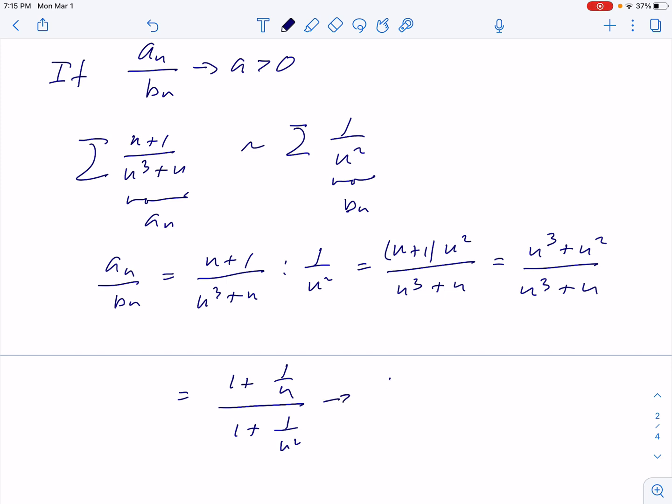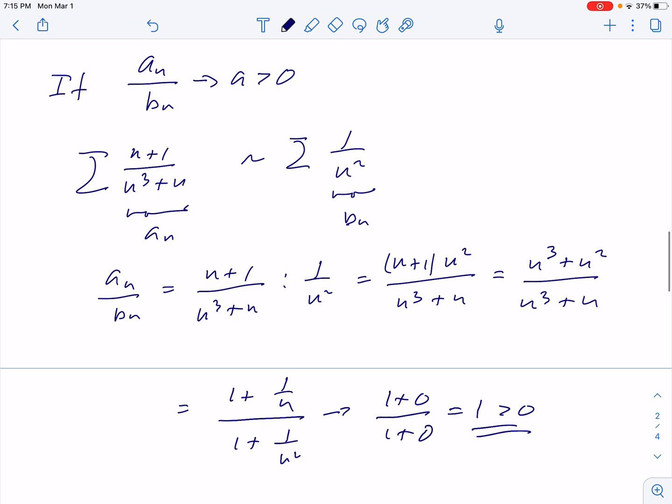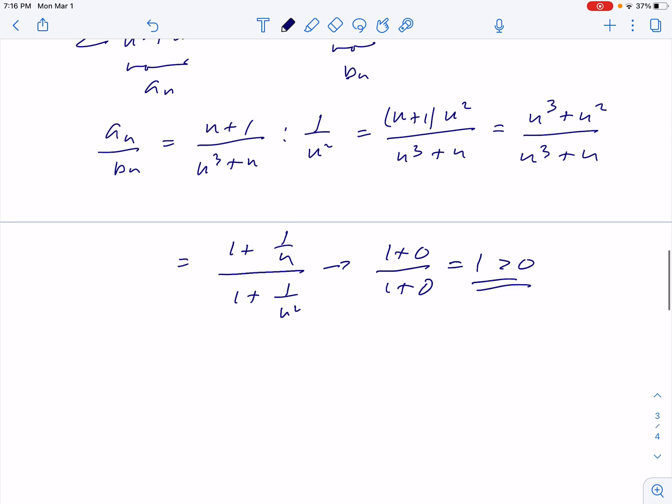There is a limit here, 1 plus 0 over 1 plus 0. So the entire limit is 1, which is a positive number. So you see, because the second series, which is a p-series, is convergent, the first one is convergent, since the ratio approaches a positive number. That's how we can apply our comparison test here. Dropping the unnecessary terms, which are smaller powers, actually brings us to a series where the ratio has a positive limit.